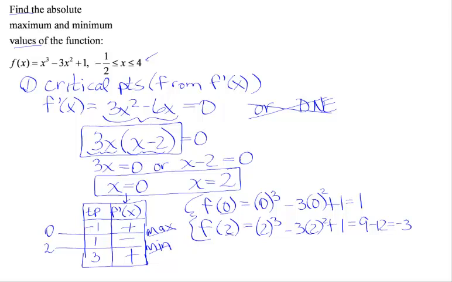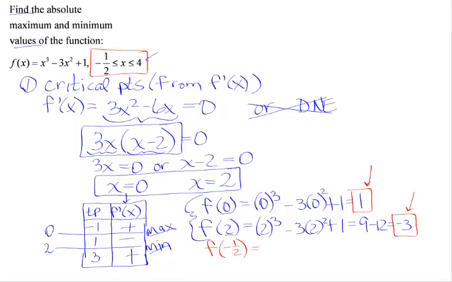No. There are other candidates in this process that I have to determine and compare to these extreme values. If I find that f of -1/2 is a value bigger than 1, then f of -1/2 is the maximum. If I find that f of -1/2 is a value smaller than -3, then f of -1/2 is the minimum.